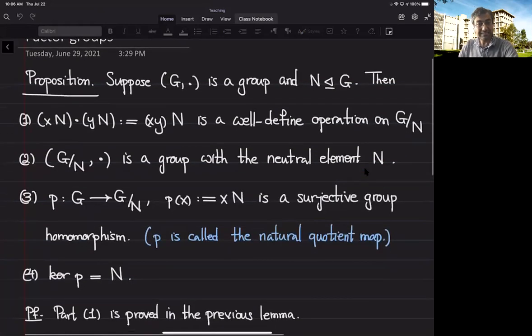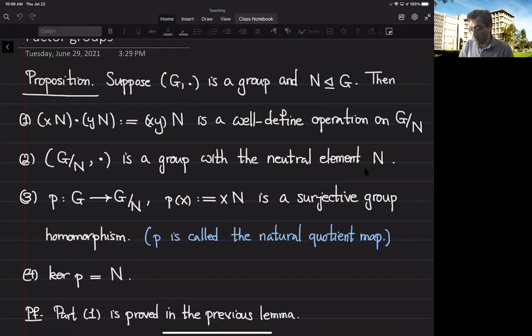Moreover, if I define p of x to be xN, then this is a surjective group homomorphism from G to the quotient of G by N, or the factor group of G by N. And the kernel of this group homomorphism is simply N. So these are the four parts of this important proposition.